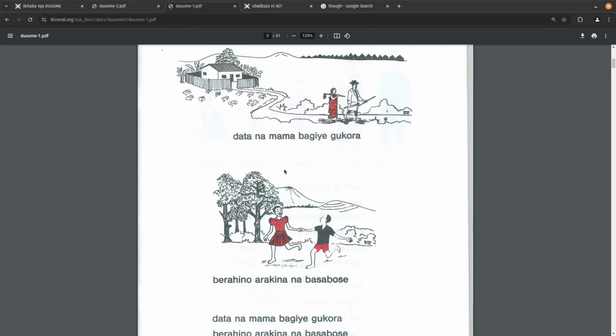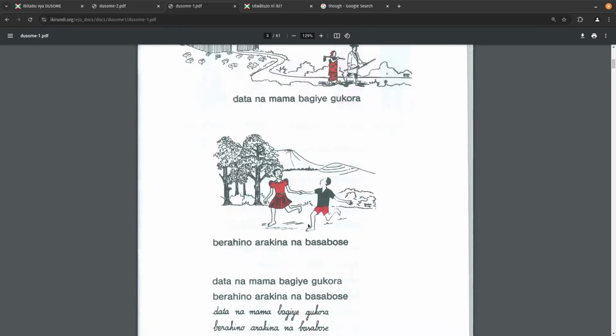So it can be used as an and, or it can be used as with. So Verahino arakina na basa bose. This guy, Verahino, is playing with basa bose.